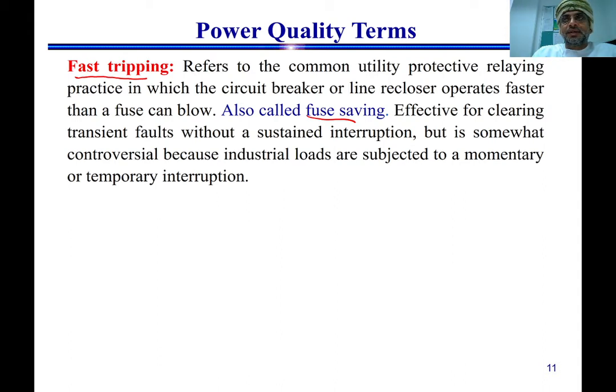Okay, because if the fuse operates, that means it needs to be replaced. But over here, since the circuit breaker operates very fast, it will be turned on again, because it assumes that something went wrong for only a short period of time. Let us say that we have lightning that hits the overhead line, it causes a short circuit, then that lightning will go out, right, in milliseconds.